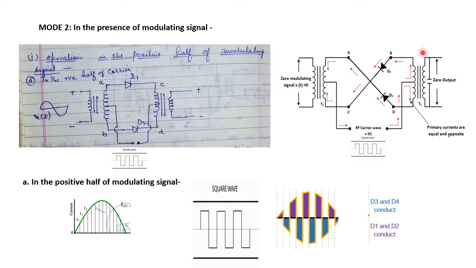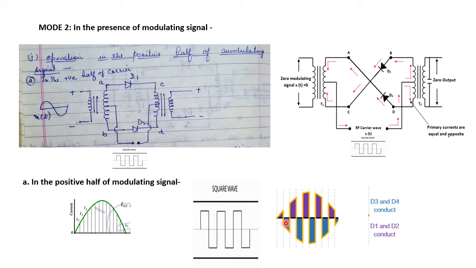So we can clearly imagine that the pulse which is present in the input will get reversed at the output, because the point A will be connected to the point D and the point C is connected to the point B. Whatever voltage is applied, because at the input we are applying the modulating voltage, the modulating voltage which was present will be inverted.